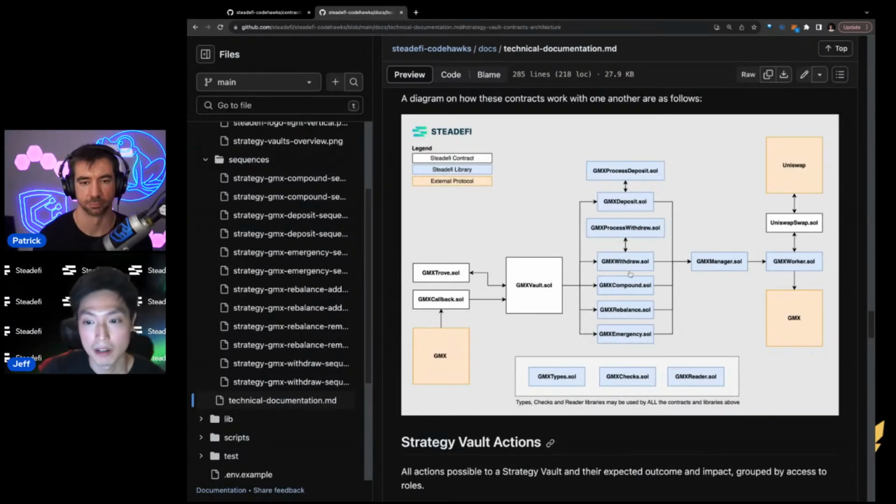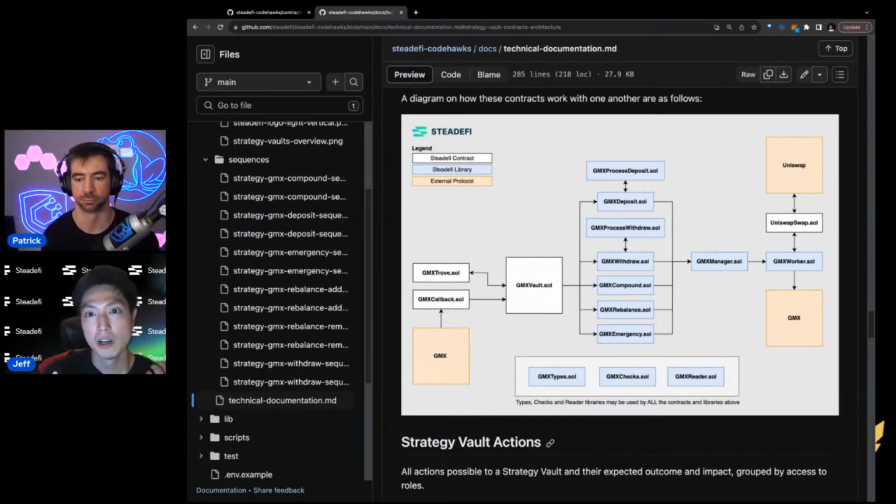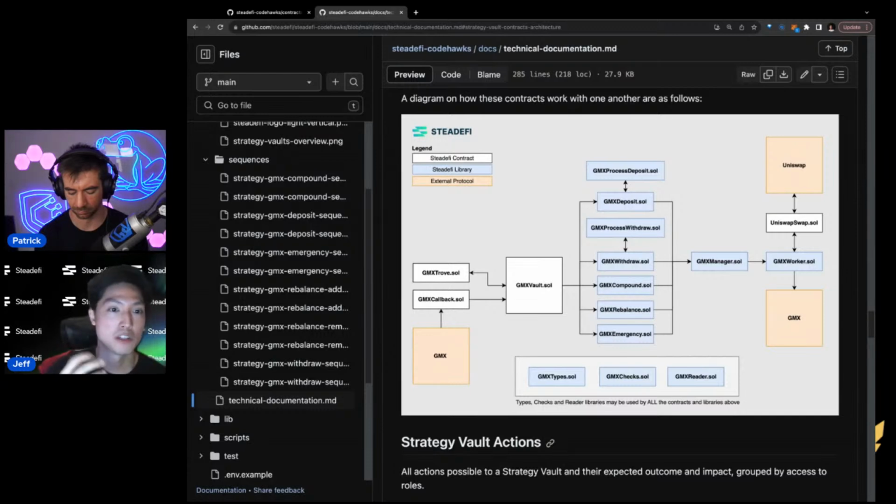So that's a compound. We have something called rebalance, which isn't that common in this space, I would say. Essentially, with Steadefi vaults, we want to make things as automated as possible, and so we always talk about automated risk management. For example, when we talk about a 3x long strategy, in reality, prices of assets move.